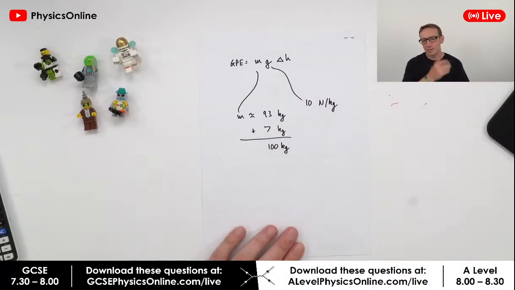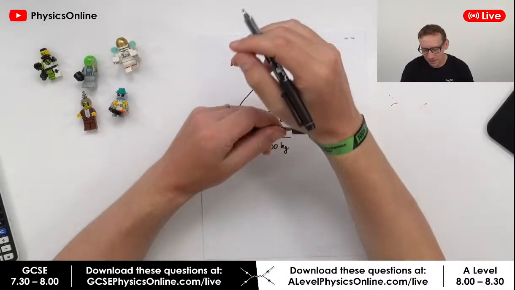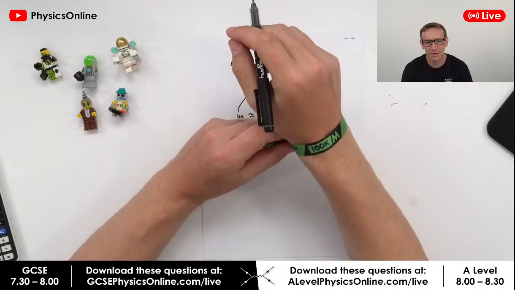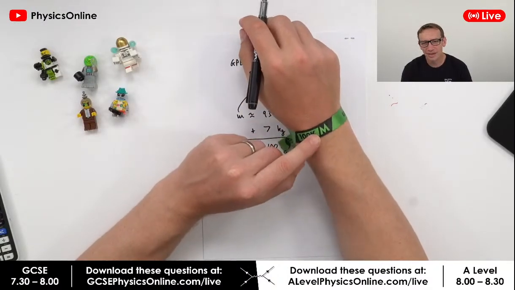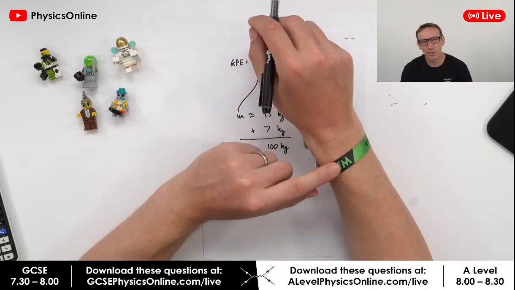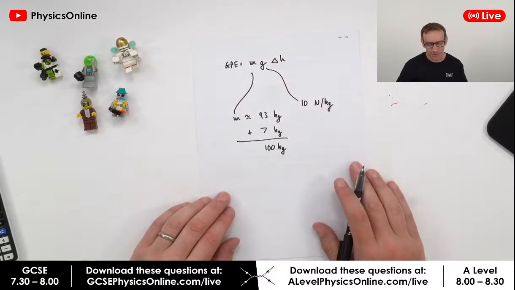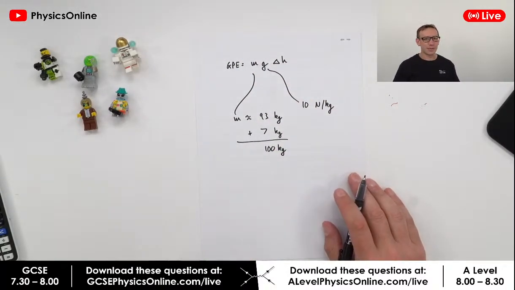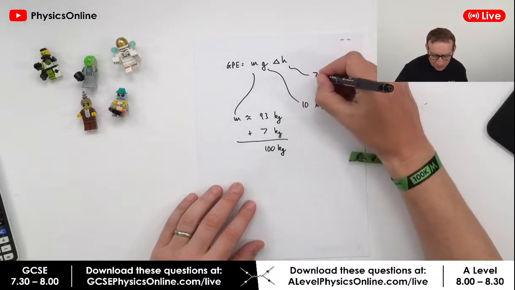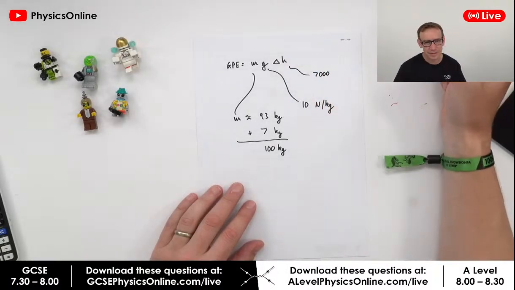Over the weekend, I did a bit of a walk. I say walk, it was like a mountain marathon up in Snowdonia. It said 100 kilometers, but actually the distance was more like 110 kilometers when I measured it with my GPS watch. And I went well over 21,000 feet, which is about 7,000 meters.